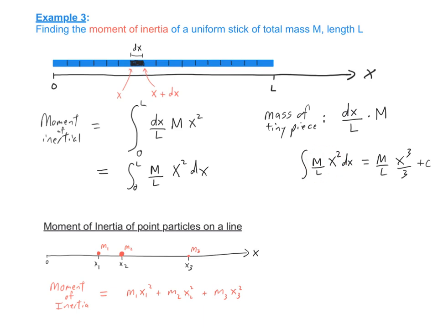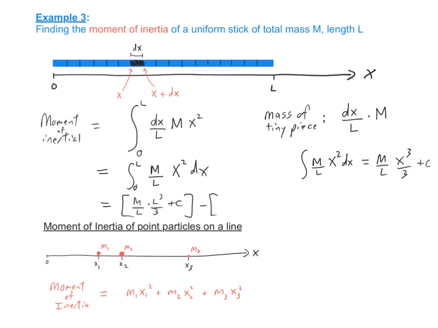So now, to compute the definite integral, you remember our procedure. We take the indefinite integral, and we replace the x that appears here by L, the upper limit. So that gives us m over L times L cubed over 3 plus a constant. And then we do the same thing: we take the indefinite integral, but this time we plug in the lower limit, x equals 0.